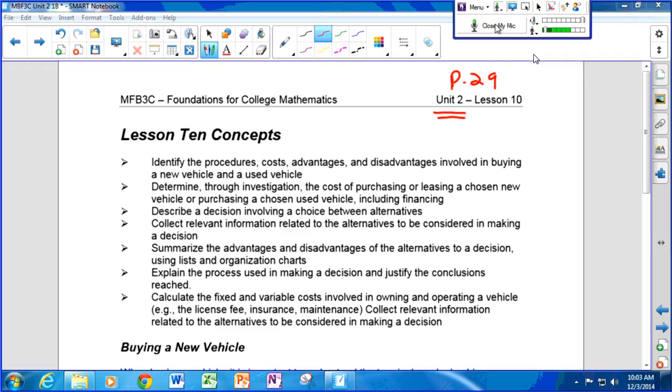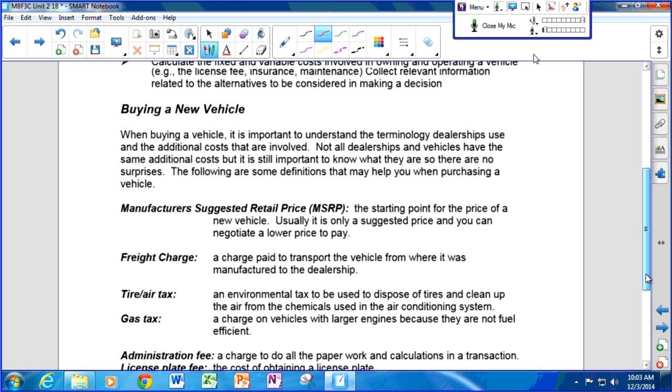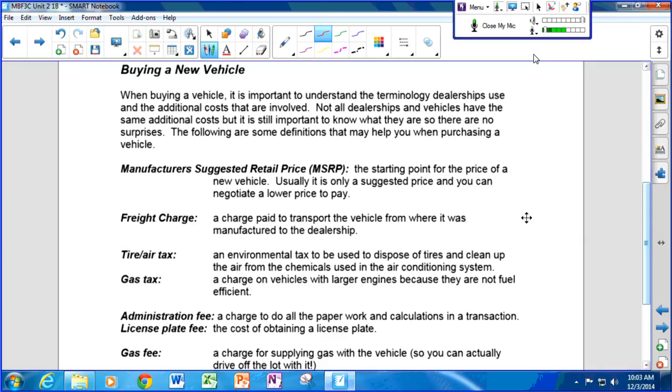So we're going to first look at all of the different costs and fees in purchasing a new vehicle, and we're going to look at used vehicles, and that's how we'll be able to make those decisions. Really knowing what the total cost of purchasing a vehicle is going to be, and being able to work it out ahead of time, that is the difference between having your new vehicle parked because you don't have gas money for it because you didn't factor that in, or having your old vehicle broken down and you can't fix it because you didn't even think about how much parts were.